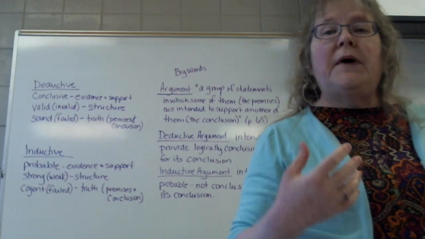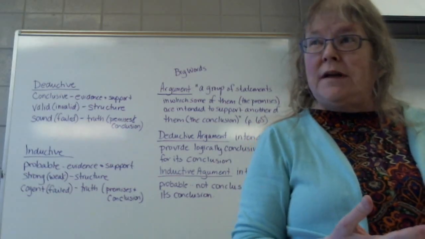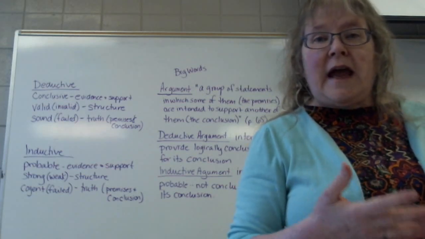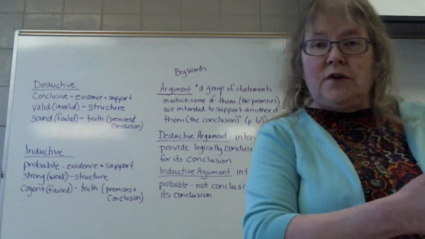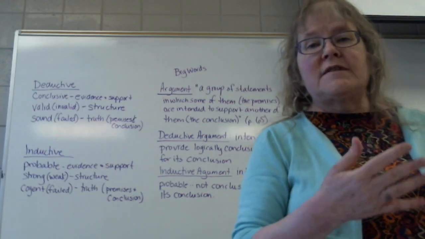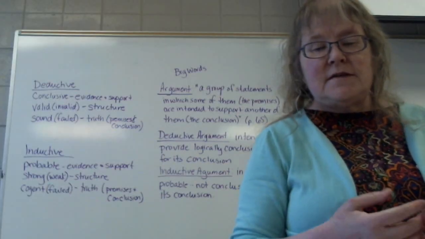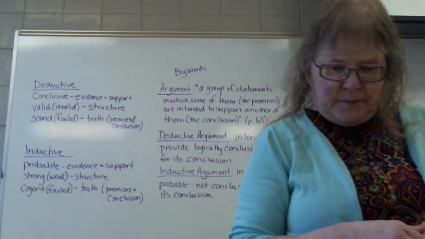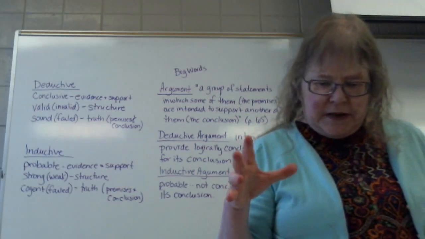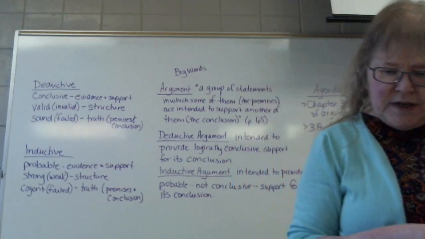Okay, but as we said in chapter 1, I think it was, not all arguments have indicator words. They're perfectly good arguments, but they don't have indicator words, and sometimes those indicator words can be used in other ways. So just beware.